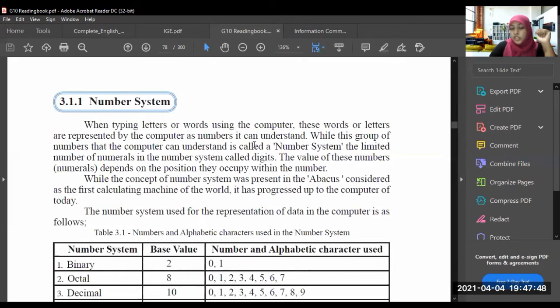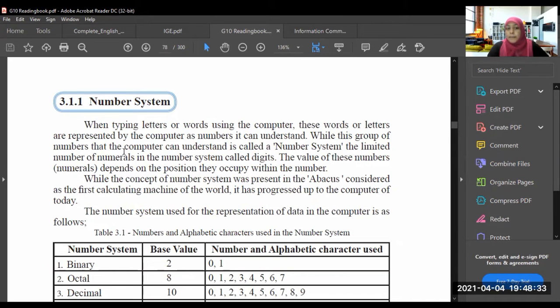When typing letters or words using the computer, whatever the language we understand, whether Sinhala or Tamil, these letters or words are represented by the computer as numbers it can understand.